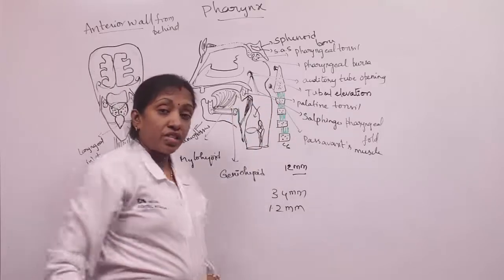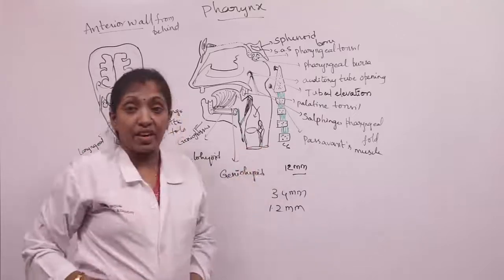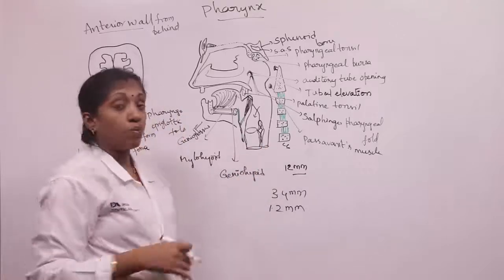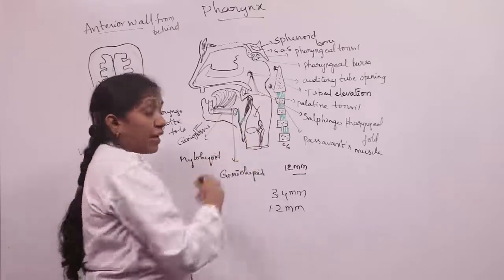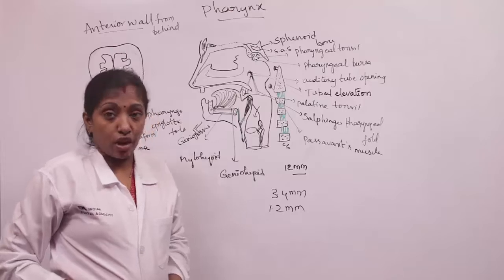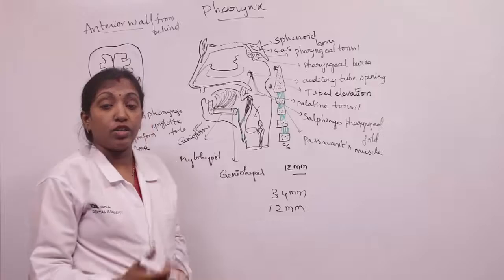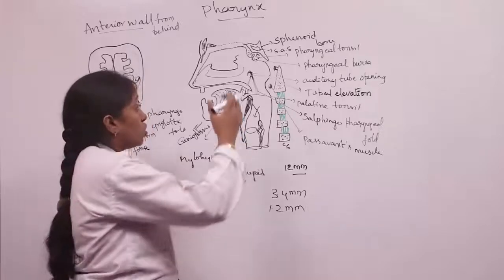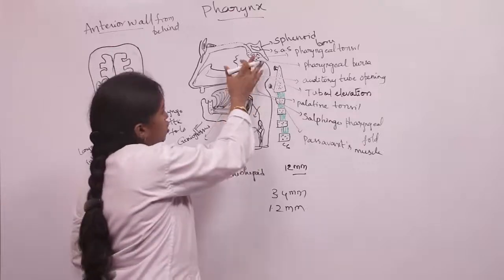Below it is continuous with the esophagus at the pharyngoesophageal junction at the level of C6. Laterally, it is related to the carotid sheath and its contents, the styloid group of muscles, and also the lateral lobe of thyroid gland. This comes under the lateral relations of the pharynx. And coming to the nasopharynx.